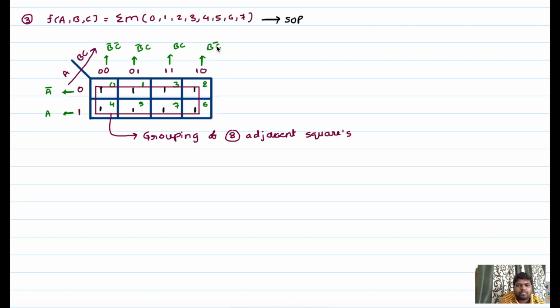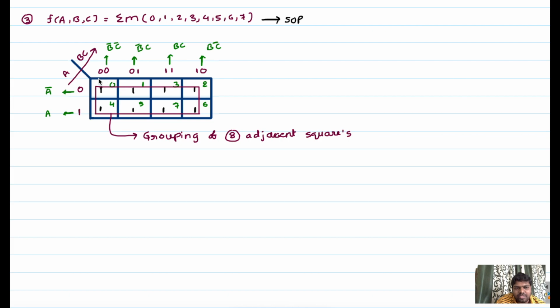Okay, for example, if we are making this one pair, 0, 4 we will consider as one pair, 1, 5 we will consider as one pair, 3, 7 we will consider another pair, 2, 6 we will consider as another pair. So for this entire pair, B bar C bar is the resultant term. For this 1, 5 pair, B bar C is the resultant term, and for this 3, 7 pair, BC is the resultant term, and for this 2, 6 pair, the resultant term is BC bar.